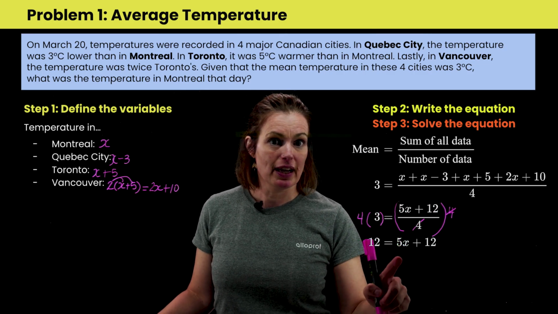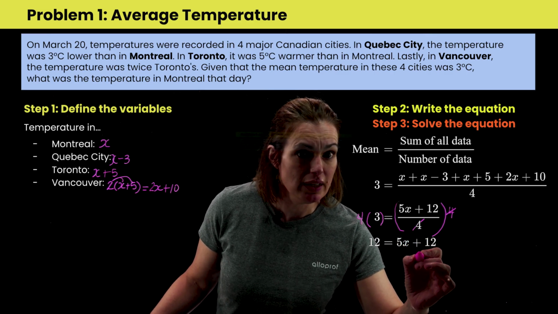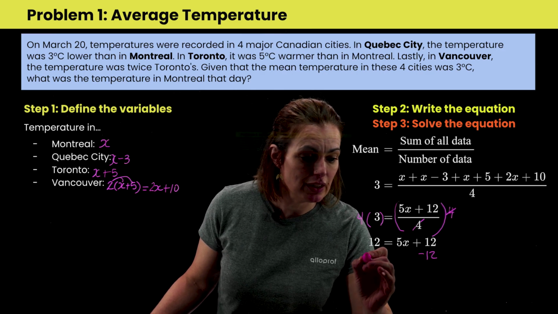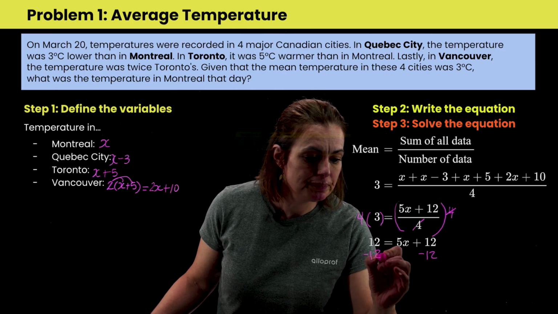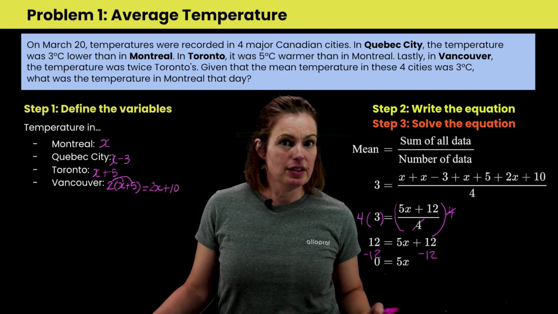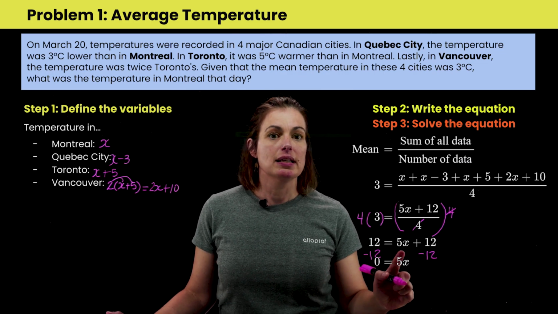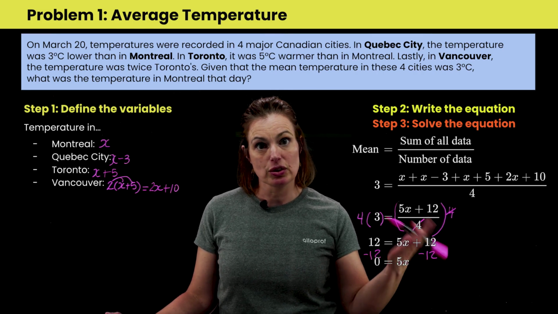All right, I'm ready to go to the next step. I have to isolate that x. So I'm going to remove the 12 from the right side. So I'm going to just take it off there, but I also have to take it off over on the left side here. All right, and that is going to give me 0 is equal to 5x. My last step is to get rid of this 5 here. So since 5 is being multiplied by x, I've got to do the opposite of that.